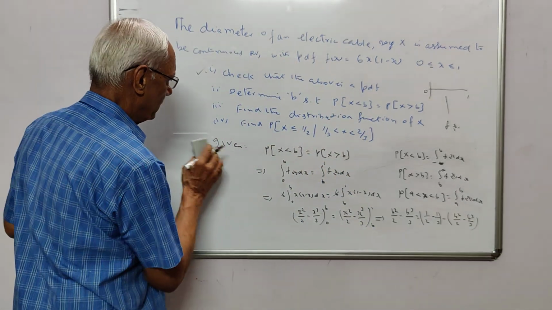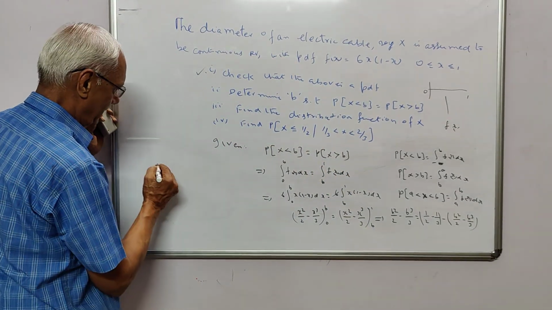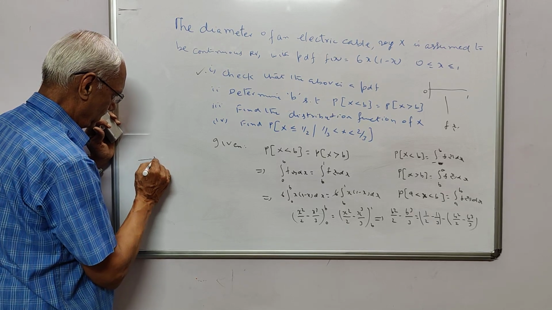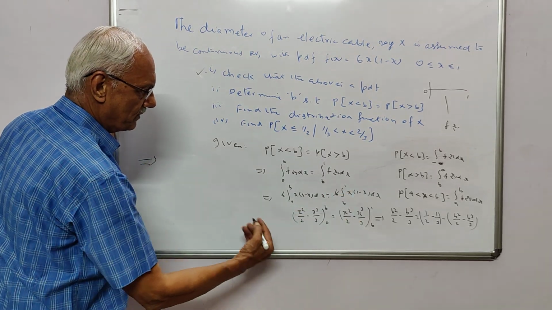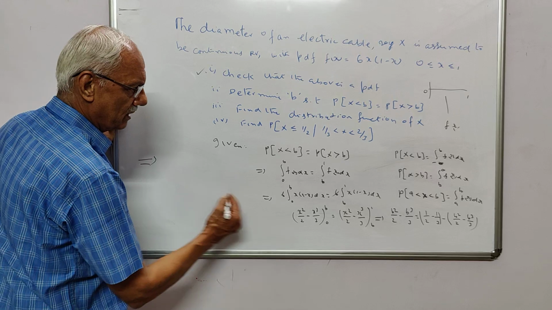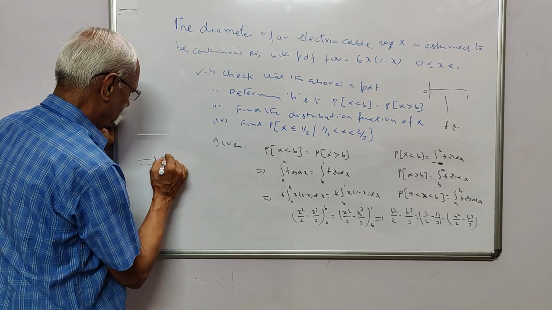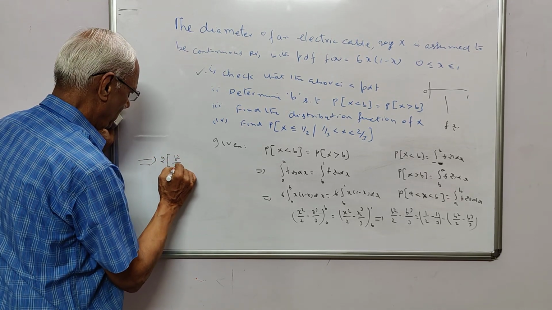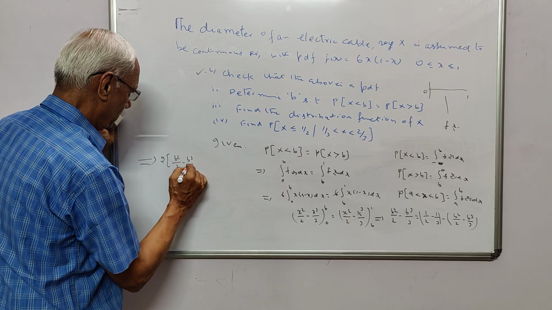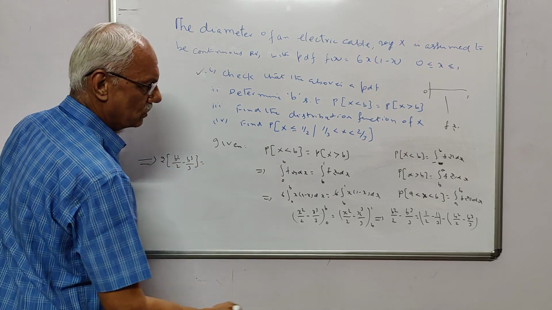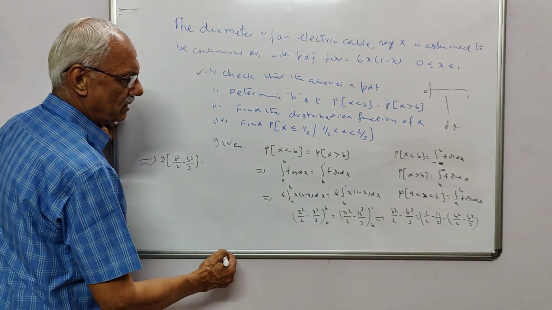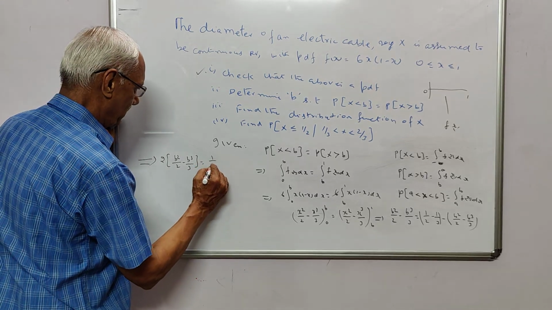So what do you get here? Bring this to the left-hand side: 2 times (b squared by 2 minus b cubed by 3) equals 1 by 2 minus 1 by 3, which is 1 by 6.